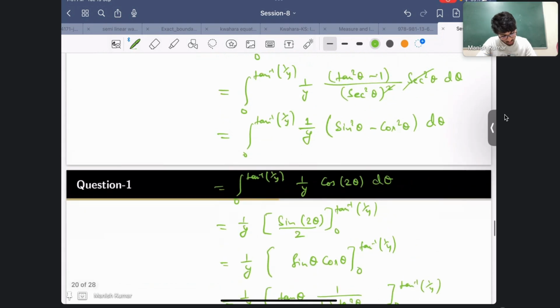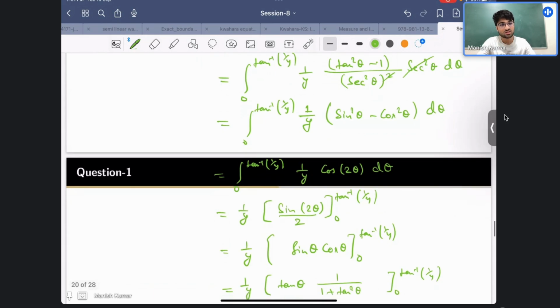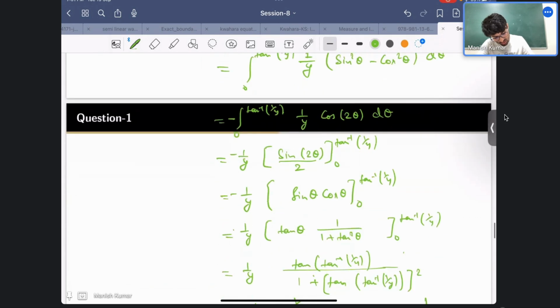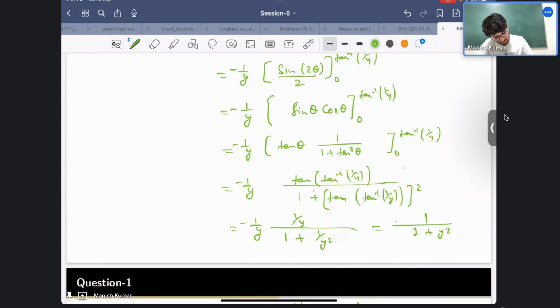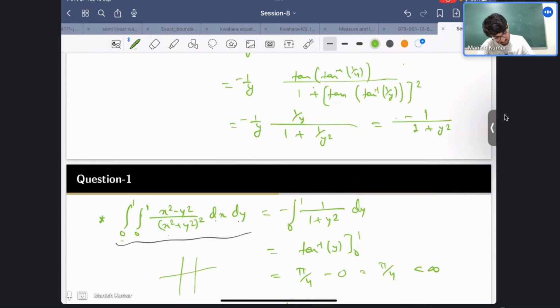Okay, so cos square minus sin square is cos 2 theta, right? Yes, sir. Yeah, you are right. Both should be equal. So here minus, minus, and then here also minus.